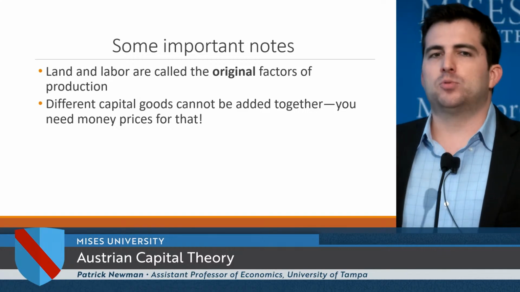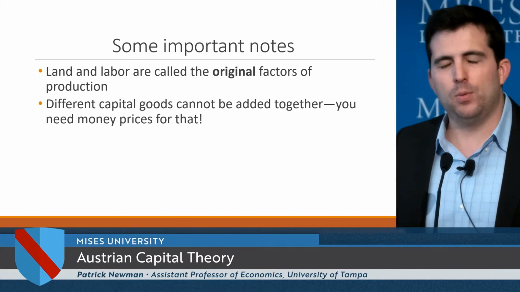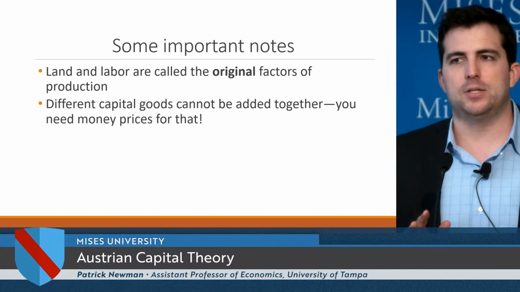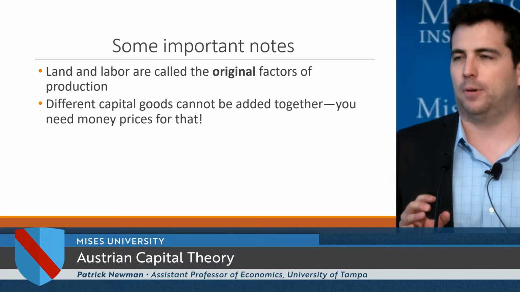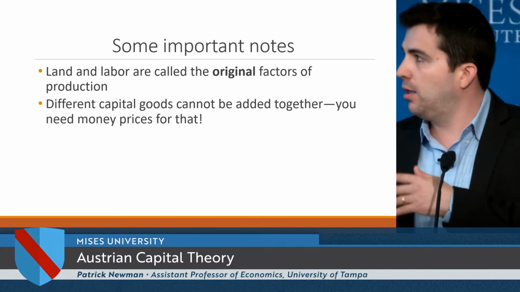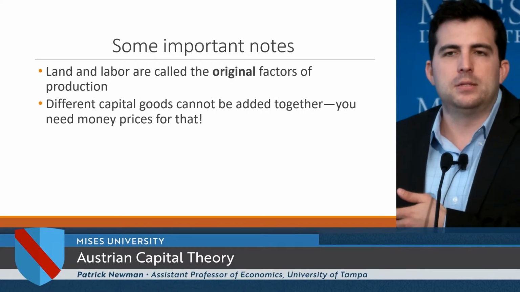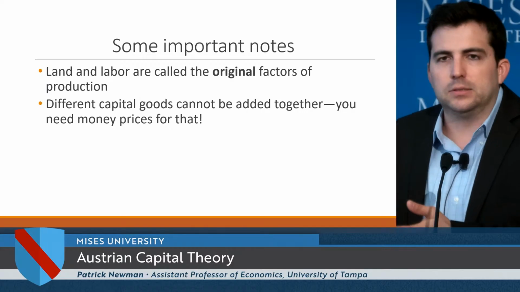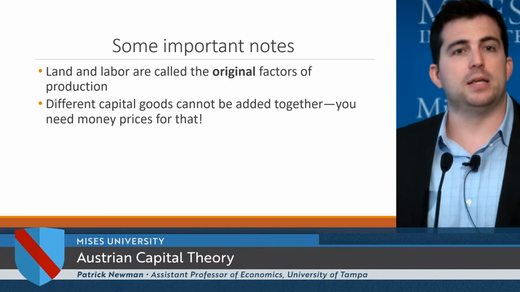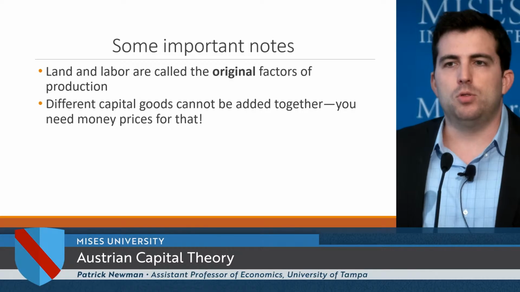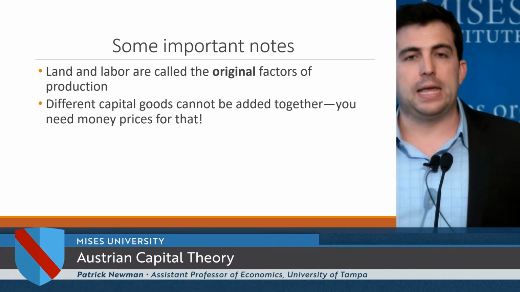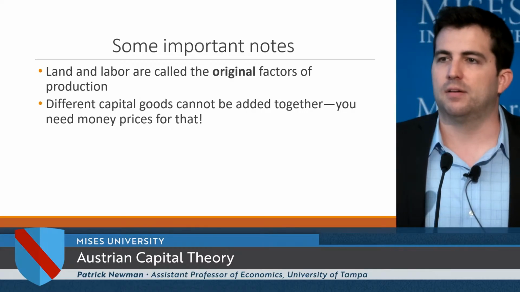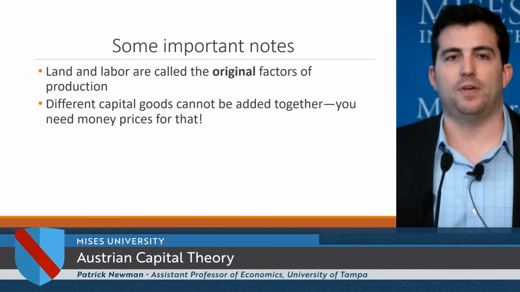We sometimes refer to that as capital, but we need to be very careful about that because you can't just simply add all the capital goods together and call it a blob, right? There's no common denominator. It's just things. You need money prices for that. So the capital value of a capital good is the money price of that good. You can add the capital value.